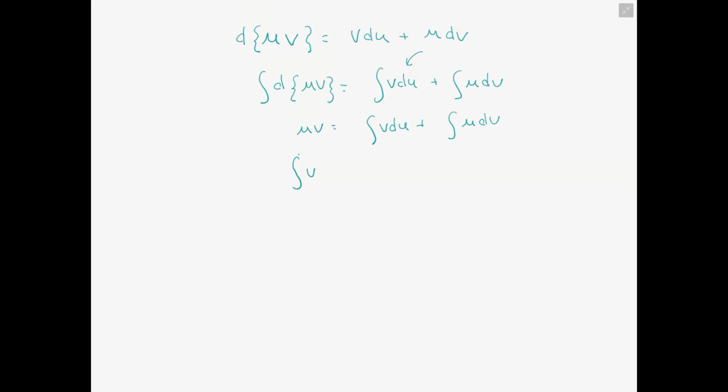We know that this is uv equals the integral of v du plus the integral of u dv, and swapping things around a little bit, we have the integral of u dv equals uv minus the integral of v du.